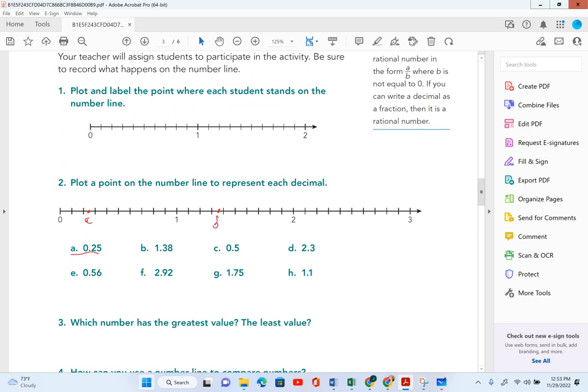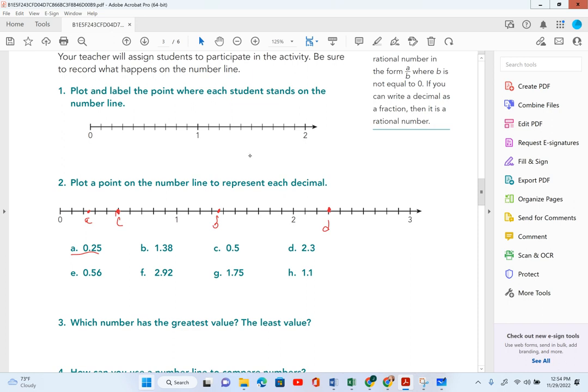We'll call that B. C is 0.5. Well, that's just halfway between, 1, 2, 3, 4, 5. So that's right here. That'll be your letter C. 2.3. That'll be your D.